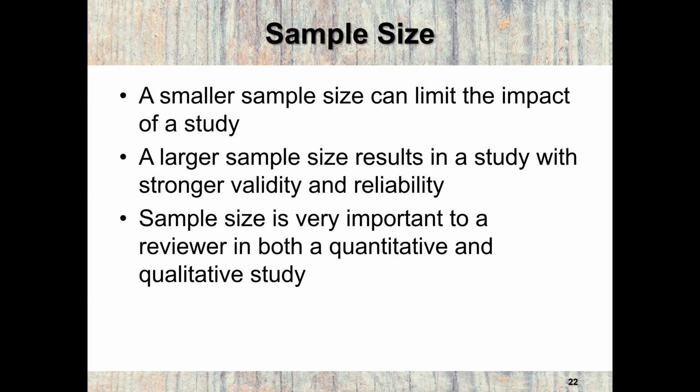If you have a larger sample size, it also depends. So our goal is to have a moderate one. So here we say the smaller sample size can limit the impact of a study. And also the larger sample size will result in a study with stronger validity and reliability. But sample size is very important to a reviewer in both quantitative and qualitative studies.